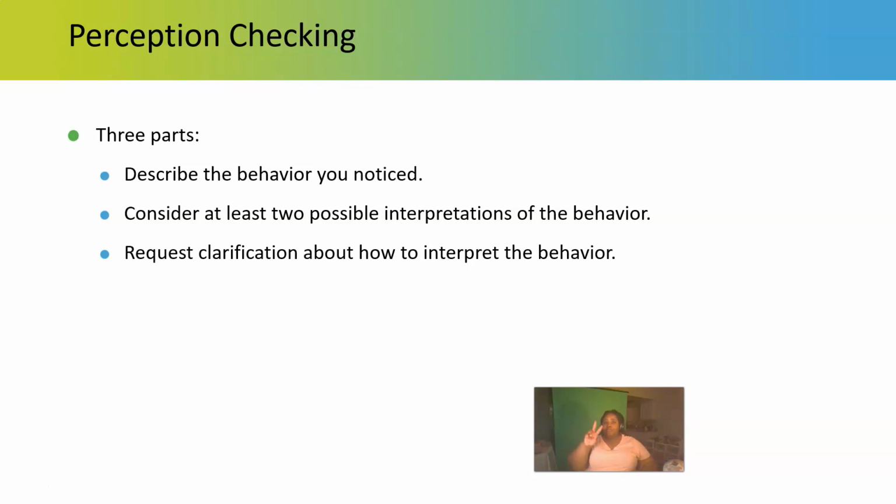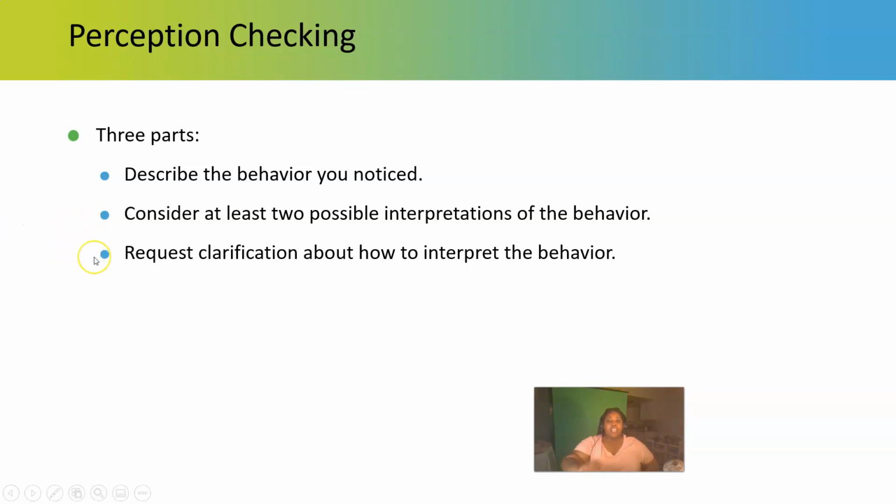Figure out at least two possible interpretations for the behavior. So before you jump to conclusions, say, hey, maybe they weren't trying to offend, or maybe they saw things differently, or maybe they did things differently because they're not me, right?